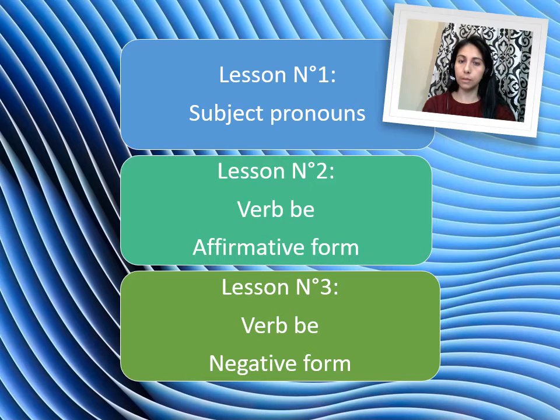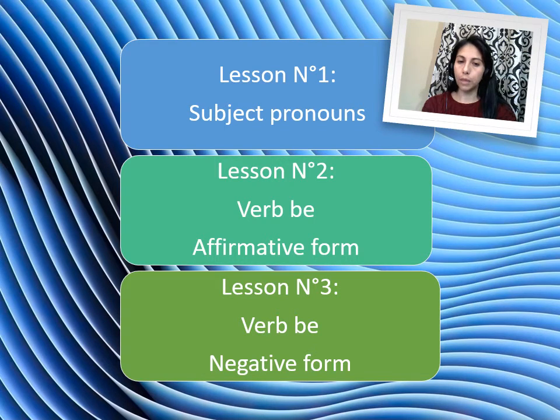In lesson number 2, we talked about the verb be affirmative form. There are 3 verb be: am, is, are. In lesson number 3, we talked about the verb be negative form.